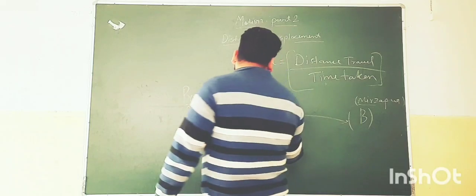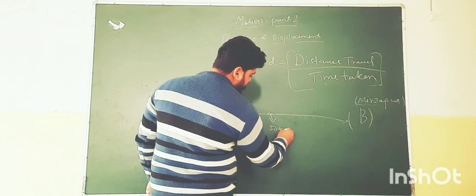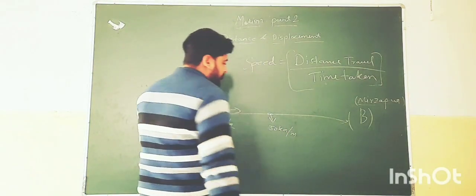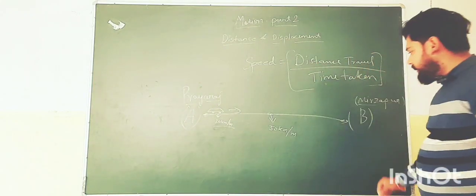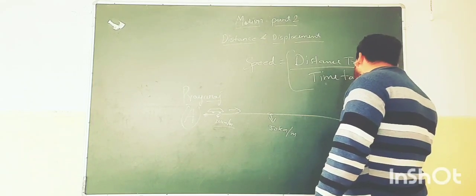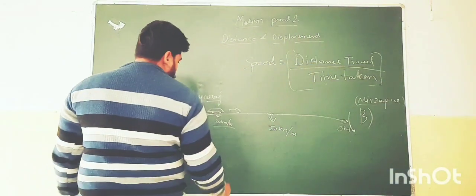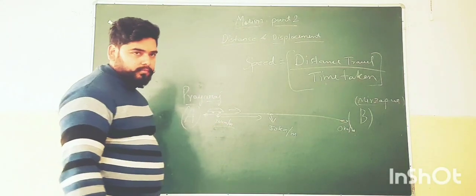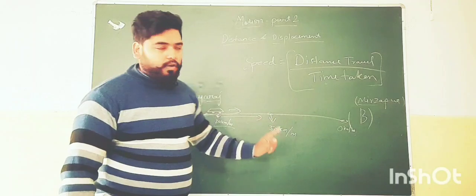When the car reaches this point, its speed is about 50 kilometers per hour. And when it reaches the final position, it is about 0 kilometers per hour. Means from here to here it is increasing, and it came to 50 kilometers.